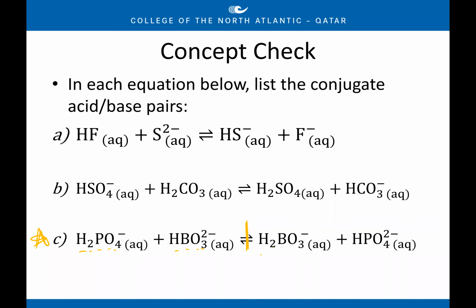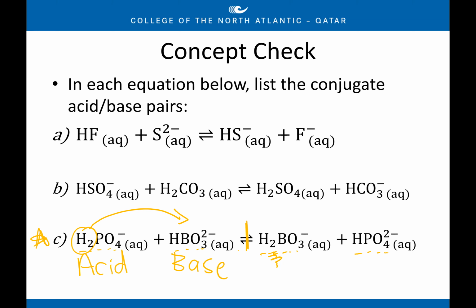I have H2, very important that you notice that, BO3, and HPO4. This HPO4, this phosphorus chemical, has clearly lost a proton. So that means, by definition, this is my acid, and this is my base.